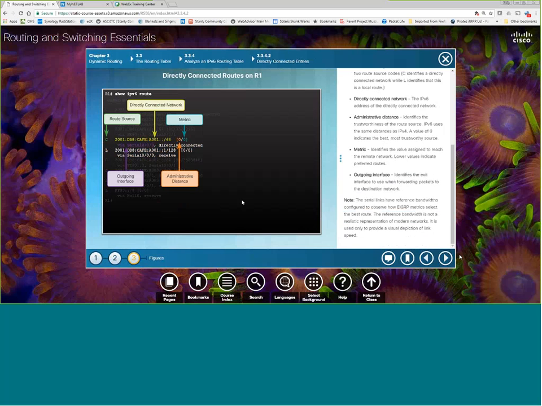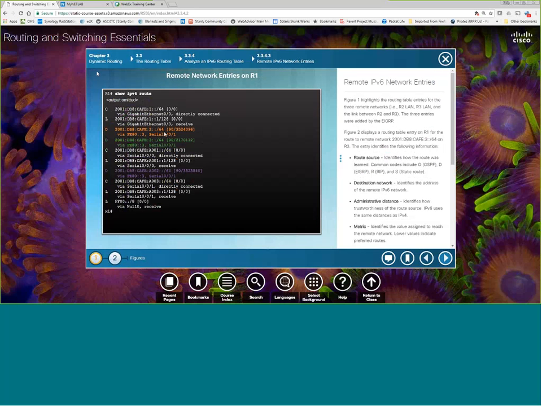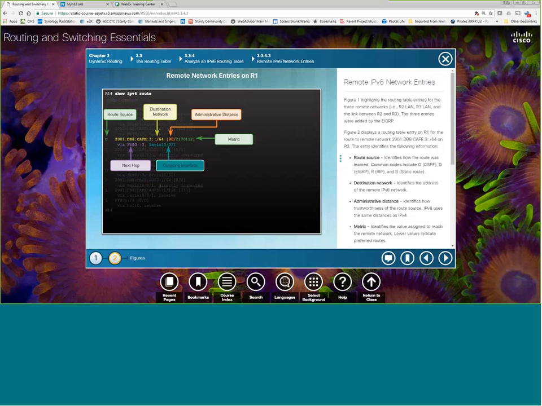So no different there as far as the way things are shown: the route source, outgoing interface, directly connected, metric. So remote entries for IPv6 are the same as before: route source, destination, administrative distance, metric, next hop, and the outgoing interface. Notice the next hop is a link-local address.